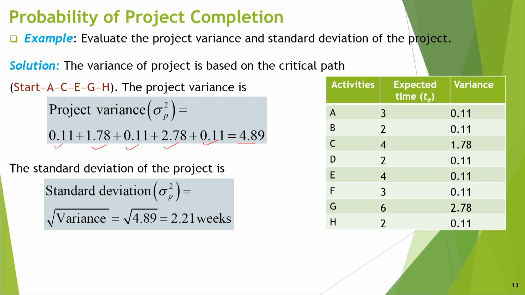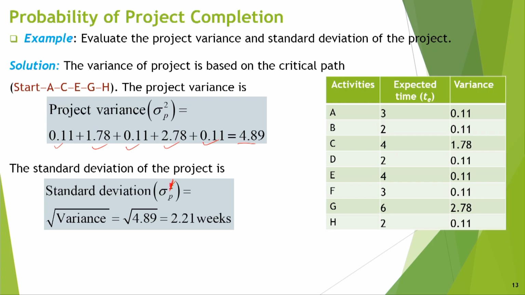So, standard deviation of the project is basically sigma p, not the whole square, by mistake here whole square was written. This is the square root of variance, and variance we already calculated by summing all the variances. So, it came 4.89, and you take the square root of that, and it becomes 2.21 weeks.